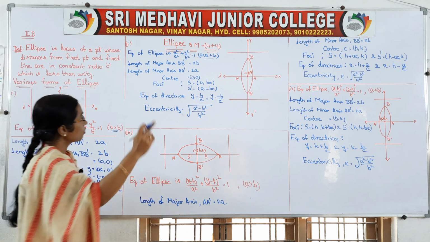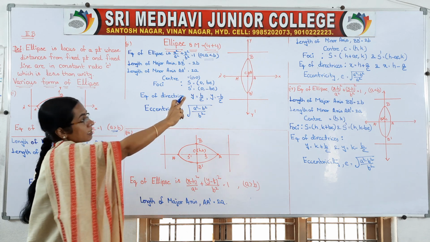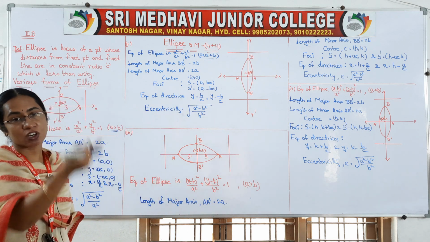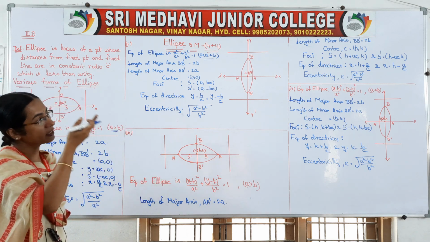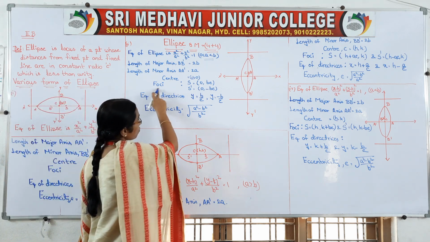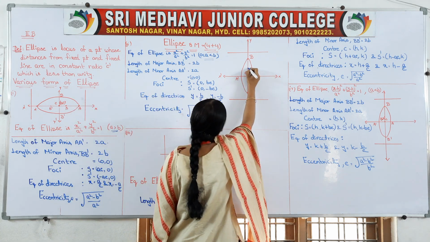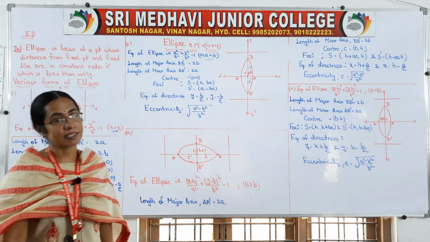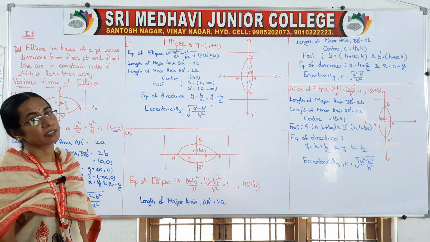Okay, so here the length of the major axis b dash is 2b, the length of the minor axis a dash is 2a, and their point of intersection is called the center, which is the point of intersection of the x-axis and y-axis, so it is the origin (0, 0). Now come to foci. Same thing, here we will have two foci. S and S dash are the foci of this second case, and the foci lie on the y-axis.